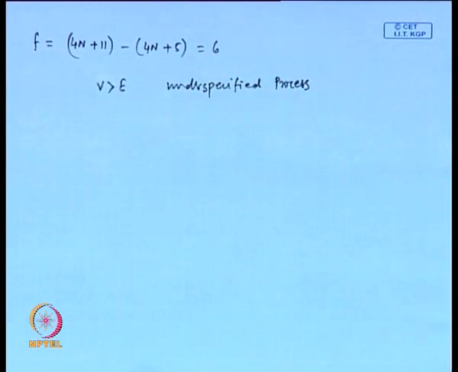We need to make it exactly specified. So, what we need to do? We have to get F equal to 0. How we can get that? There are two ways we have discussed earlier.